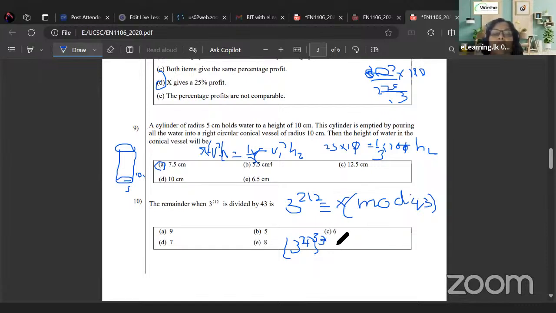You should find a way to get the remainder. When you divide 3 by 43, the answer will be 3. 9 by 43 also 9. So check what is the number that you can get.